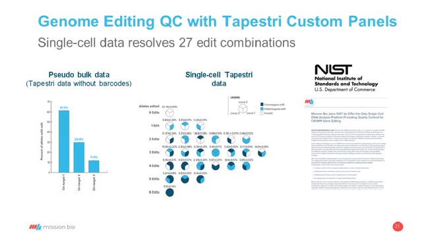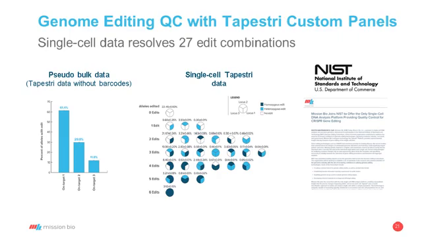They were trying to make 3 specific edits, where doing just bulk sequencing, as you see in the left panel, you'd be able to see the efficiency of those 3 edits as shown in the bar chart. But when you look in the middle panel with the single cell resolution, you can see not only the edits, but the combination of edits that took place within each cell, and whether it was a homozygous or a heterozygous edit in each one of those cases.